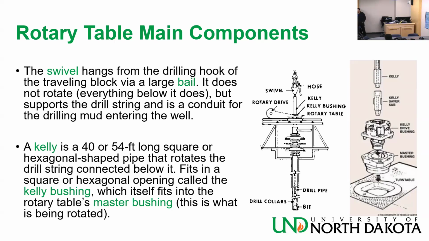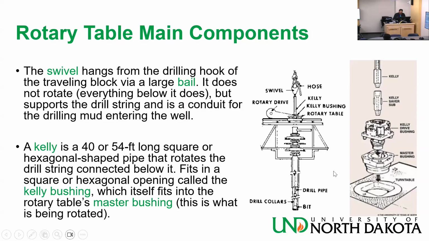It would be bigger than how high you can go. So this leads to a lot of non-productive time, which is basically the rig is not making hole, because when you are tripping out of the hole, you are tripping one joint at a time, and when you are running in the hole, again, one joint at a time. So this is a little bit inefficient.